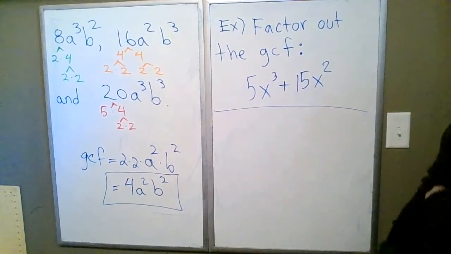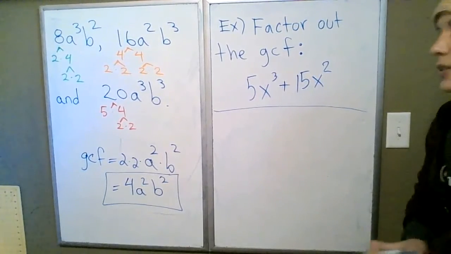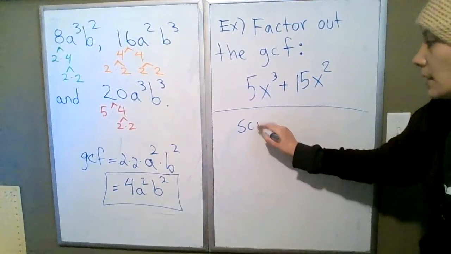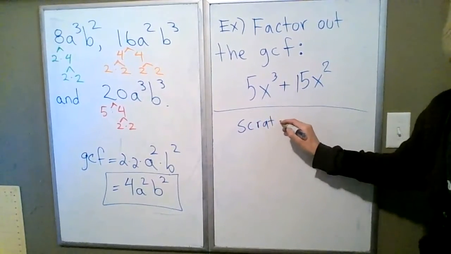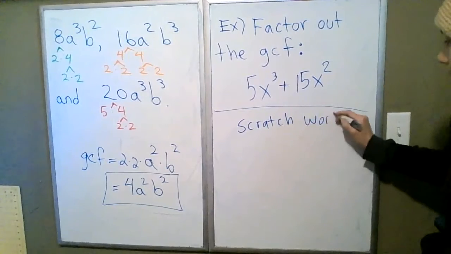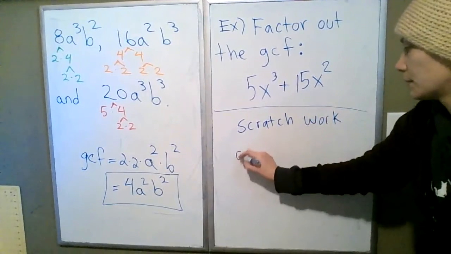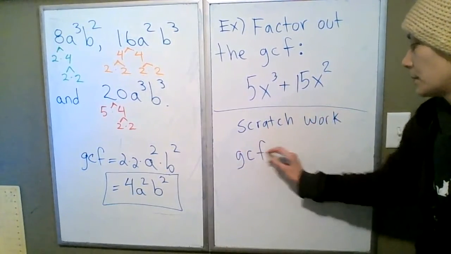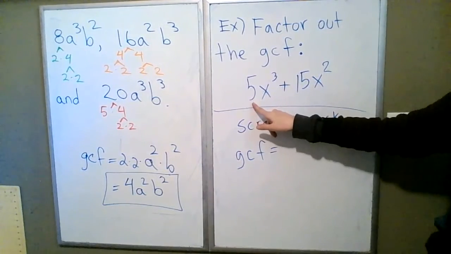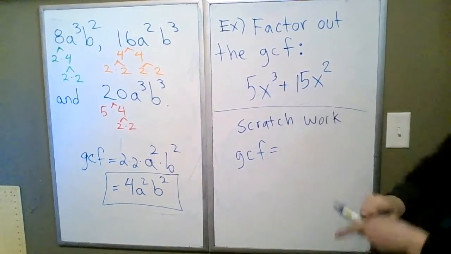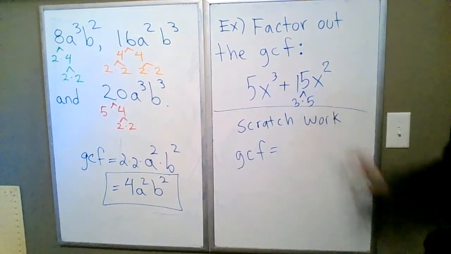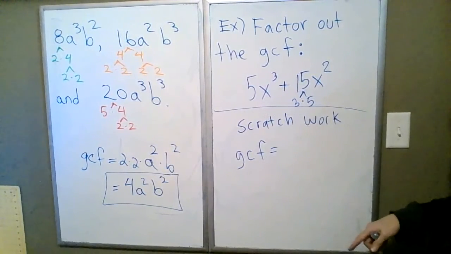Or maybe we should do some scratch work first. Let's find the greatest common factor. So you look at 5, it's fully factored. 15 would be 3 times 5. So a factor common to both terms is 5.